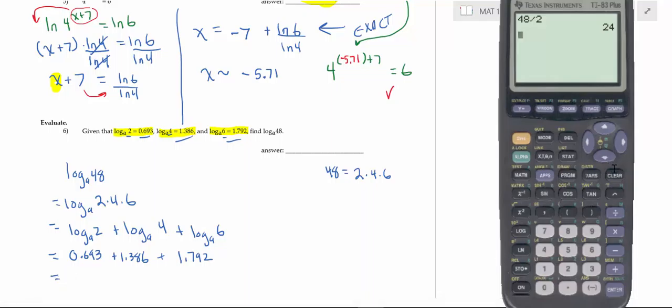Then I can add those numbers up to get an answer: 0.693 plus 1.386 plus 1.792. Put that together, and your answer is 3.871.